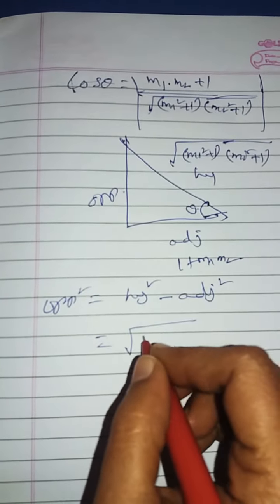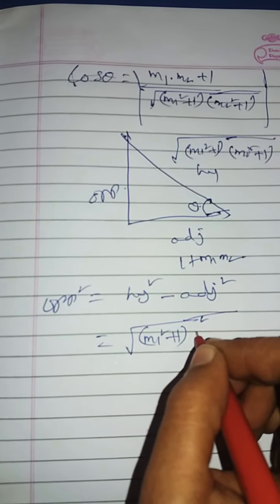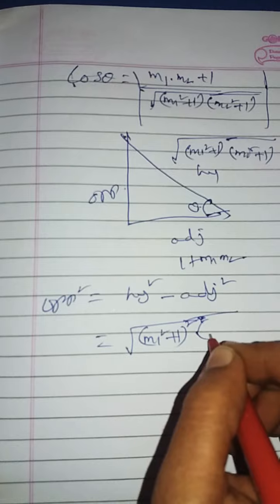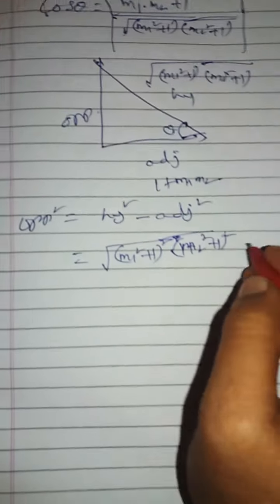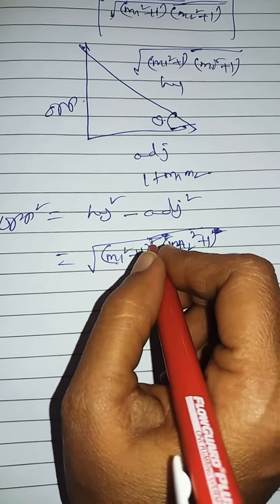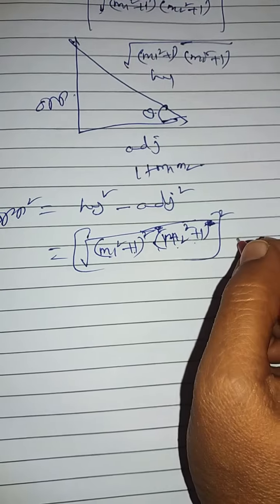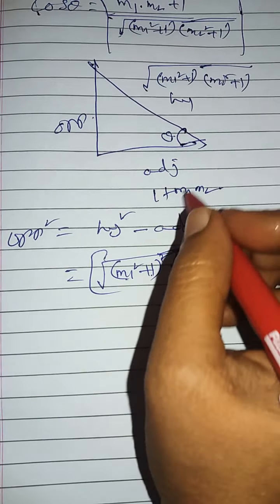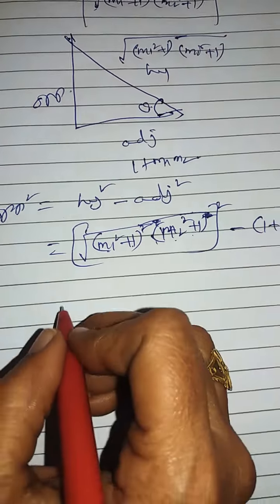Hypotenuse square is root of m1 square plus 1 whole square into m2 square plus 1 whole square, that is m1 square plus 1 whole square into m2 square plus 1 whole square, minus adjacent square. Adjacent is 1 plus m1 m2 whole square.